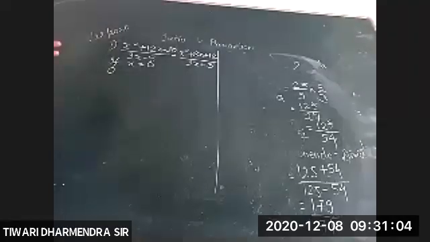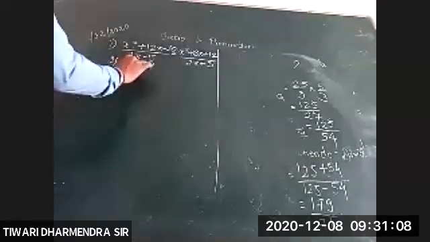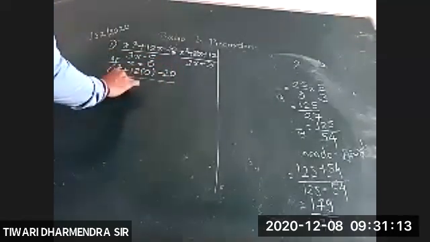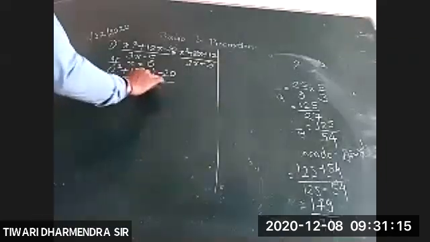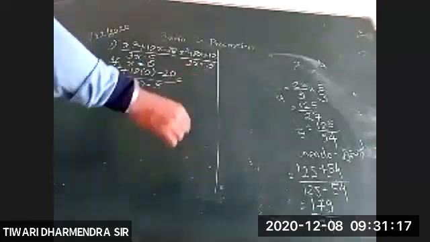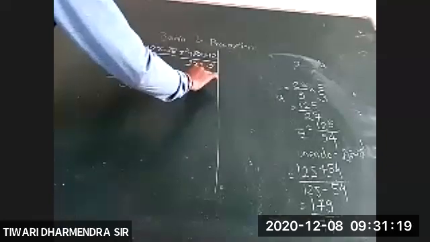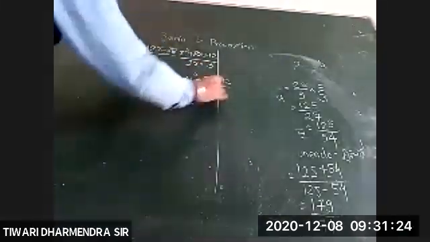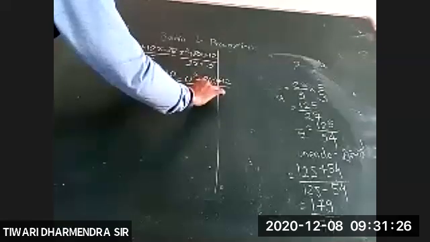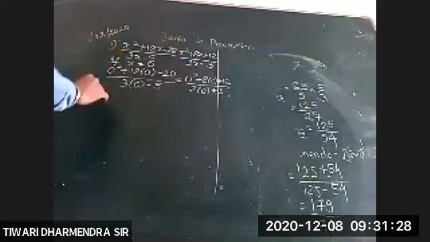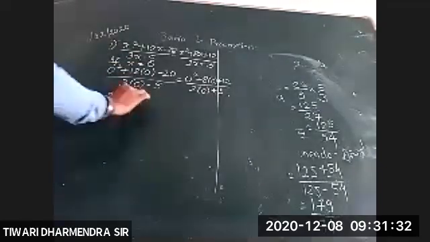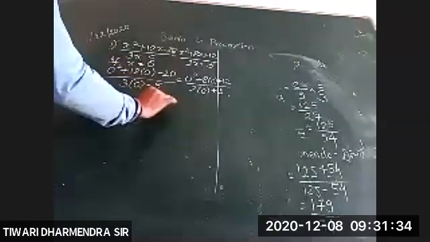Let's see. 0 square plus 12 into 0 minus 20 upon 3 into 0 minus 5 is equal to 0 square plus 8 into 0 plus 12 divided by 2 into 0 plus 3. What do we get? Minus 20 upon minus 5 is equal to 12 upon 3.